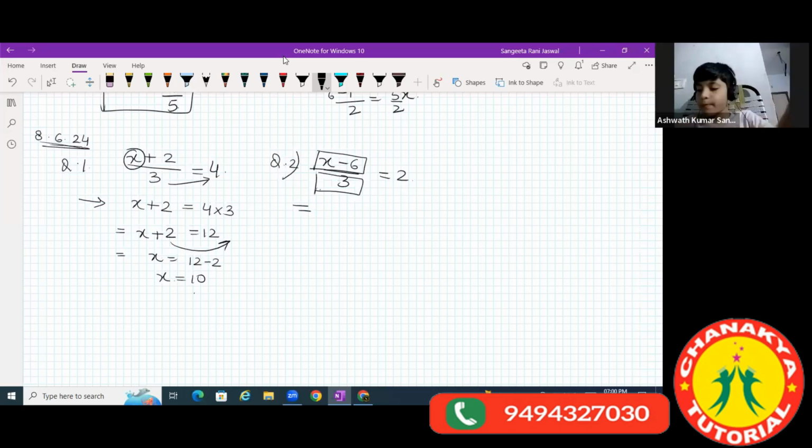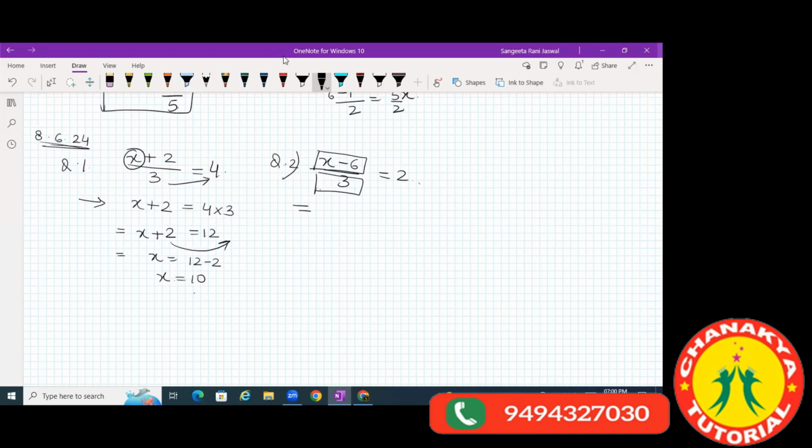So I am taking the denominator part first. I cannot take 6 from here first because there is a variable here. I have to keep the variable on one side and find the value of the variable. That's why I'm taking this denominator to the other side first.